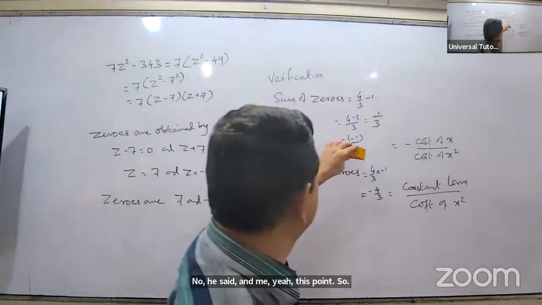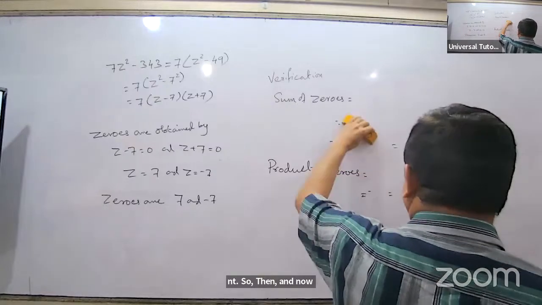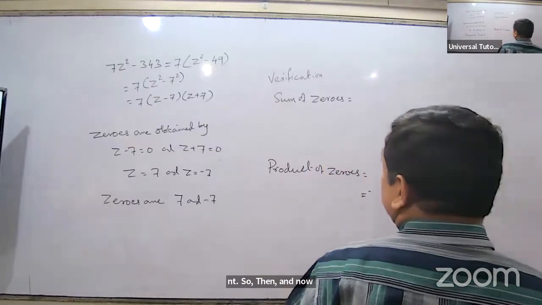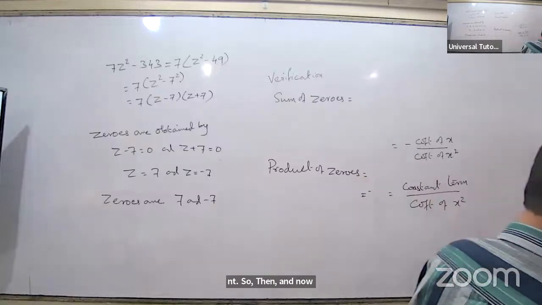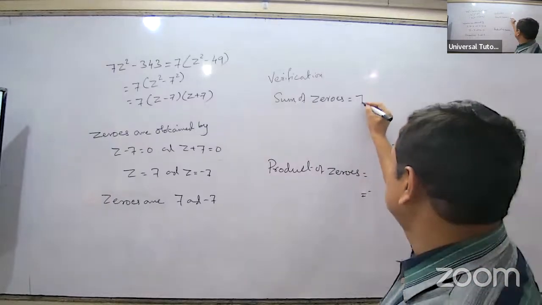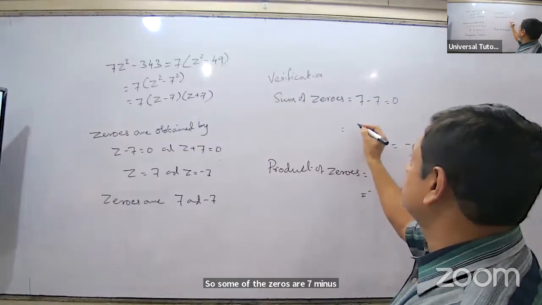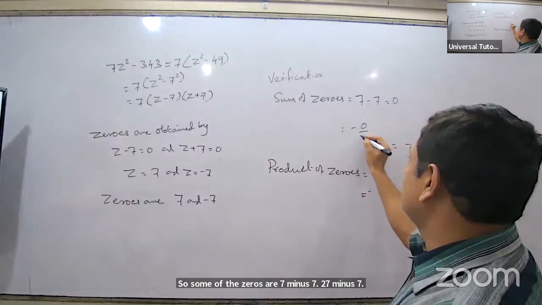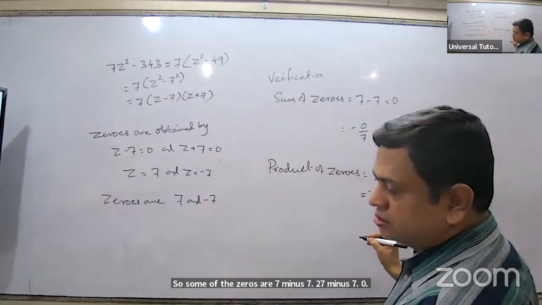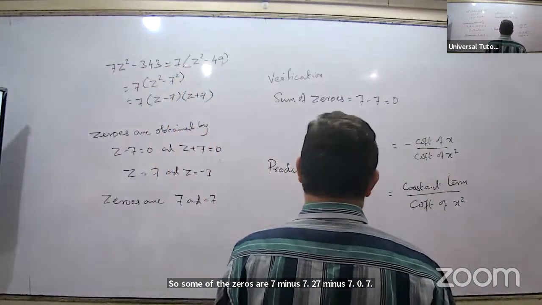Then now, the sum of the zeros and the product. So the sum of the zeros is 7 minus 7. What is 7 minus 7? 0. And 0 can be written as minus 0 upon 7. Because there is no extra z term, it is 0.